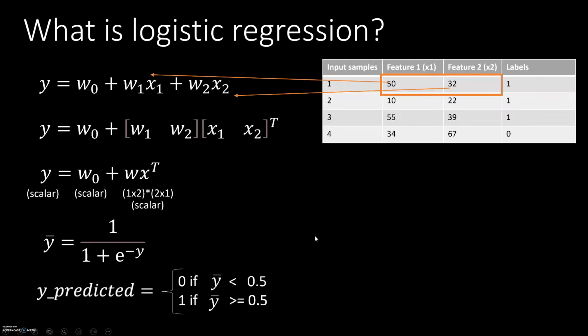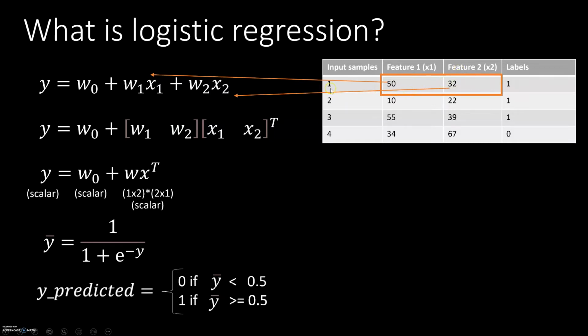As a first thing, let's preview what a logistic regression model is. Let's say we have a data set that contains 4 samples, and each sample is represented by 2 features, x1 and x2, and it has a label.